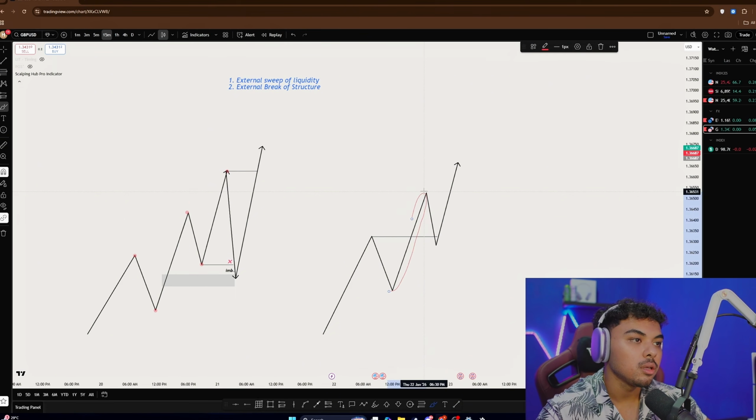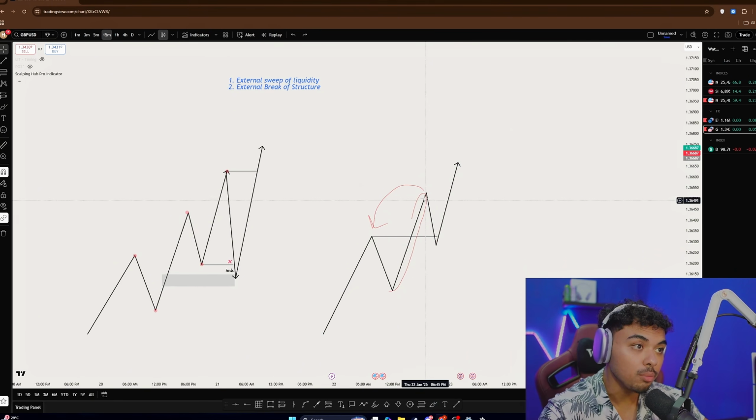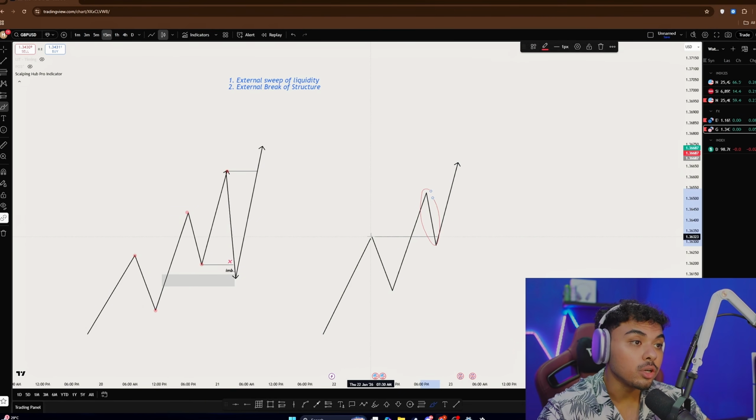Market breaks the previous higher high, makes a pullback towards the previous higher high, proceeds to break the previous higher high. This pullback here, focus on that. That pullback should at least touch the previous higher high. Right after price breaks the previous higher high, making a new higher high, will confirm you that price right now is efficient for bullish.